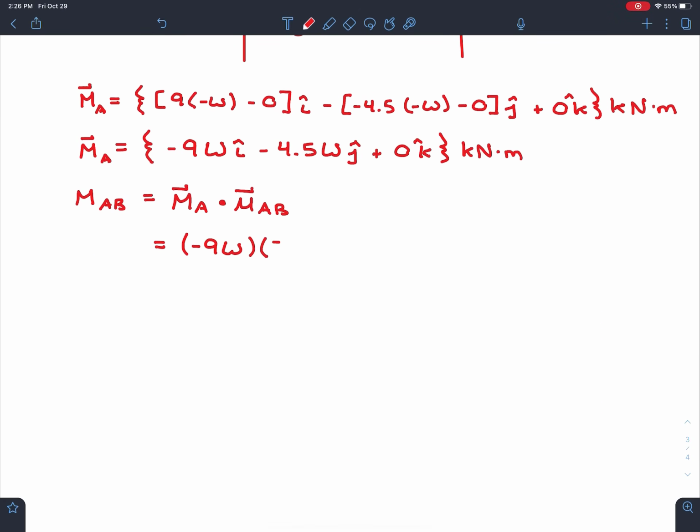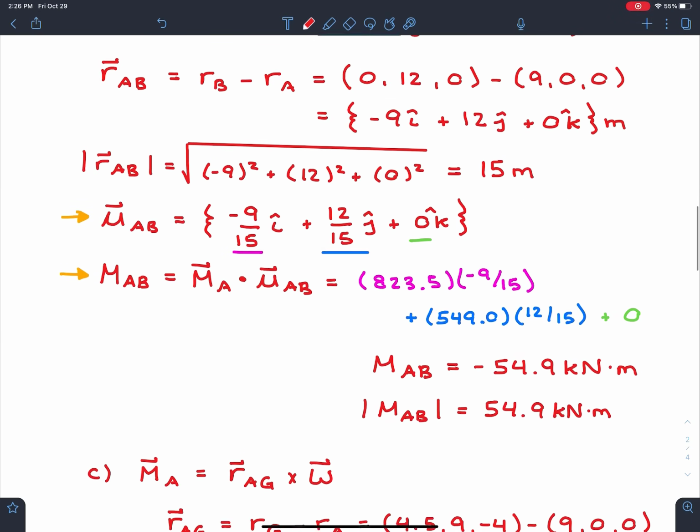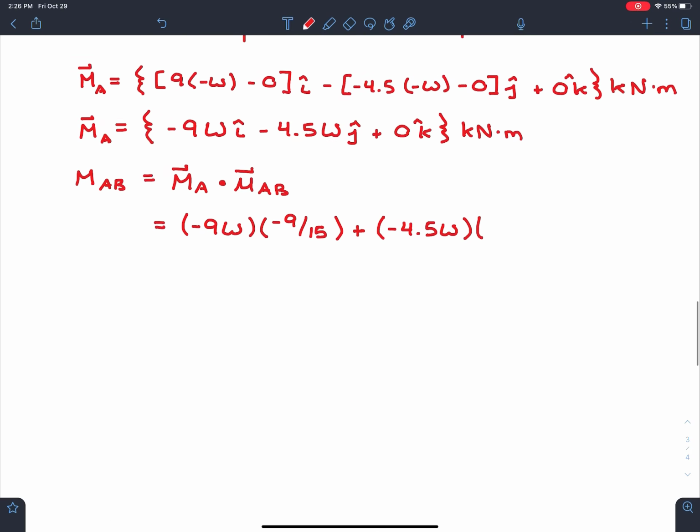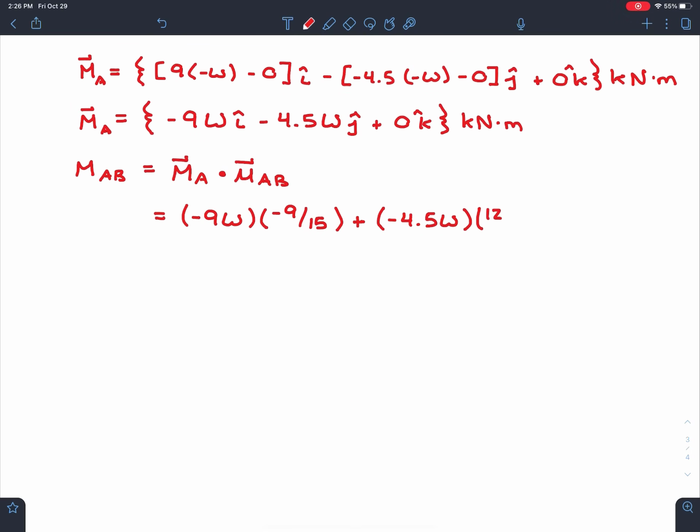So negative 9 over 15 plus our second component, or our J component, we have negative 4.5 W multiplied by the J component above, which was 12 over 15. So plus 12 over 15. And we said that the K component is equal to 0, so we're just going to put a 0 at the end there. So what we end up getting is that our moment is equal to 1.8 times W.